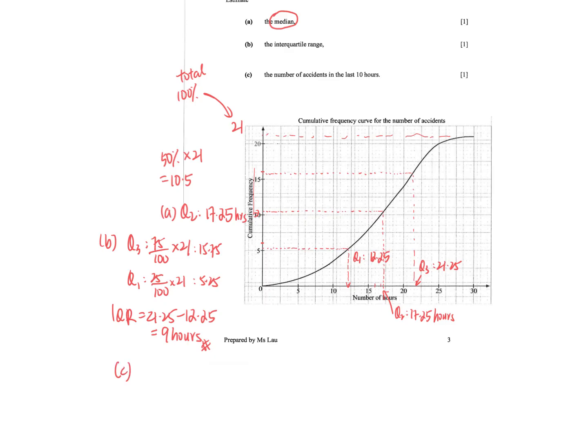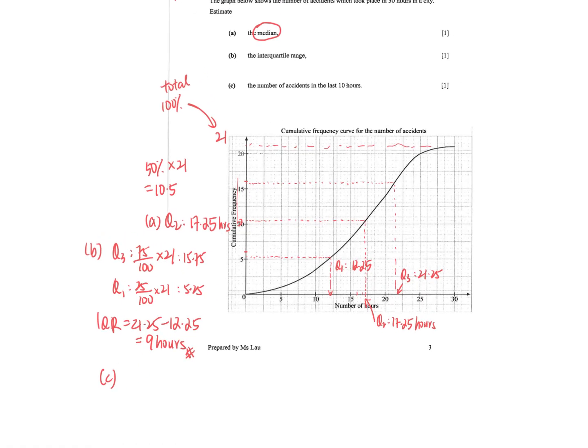Okay, last one. Next one, the number of accidents in the last 10 hours. So the last 10 hours happens up to here. So you need to go and read what this data is over there. If you go and read that mark over there, it happens at 14.